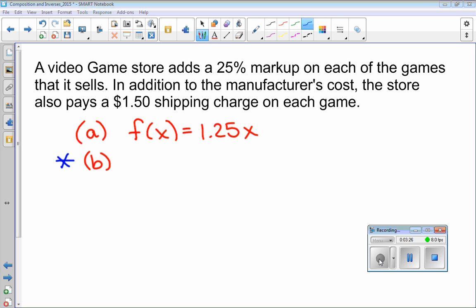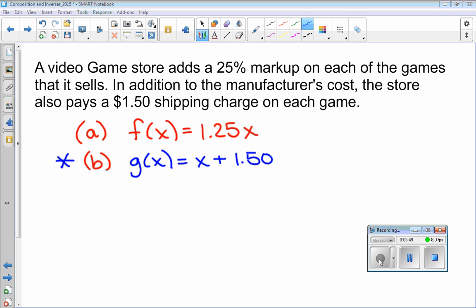If you look at part B, it says write a function to represent the manufacturer's cost plus the shipping charge. It doesn't say markup there, does it? So that's where the mistake is that I made when I gave you the function. So the actual function for G of x is just x, because that's the manufacturer's cost, plus the shipping charge.